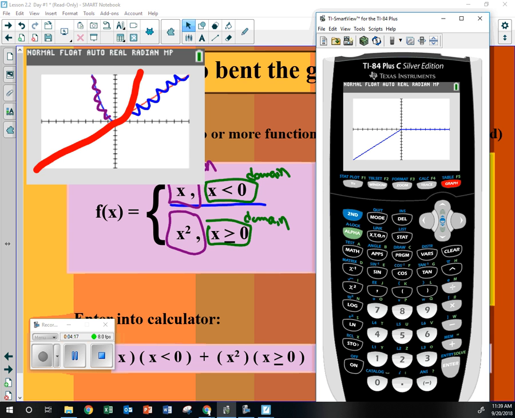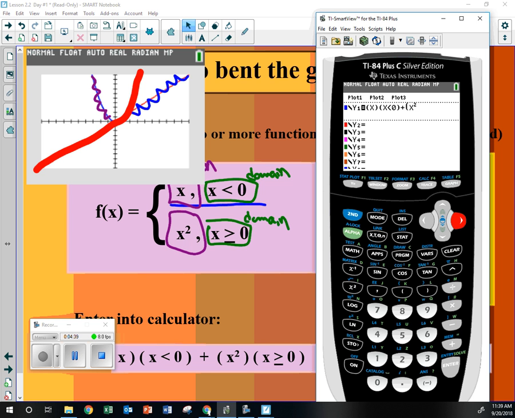But we'll fix that in a moment. Go to y equals, and then go to the end, and we're going to add x squared. So you go plus parenthesis x squared. Don't forget to go right arrow because you need to get off of that power.